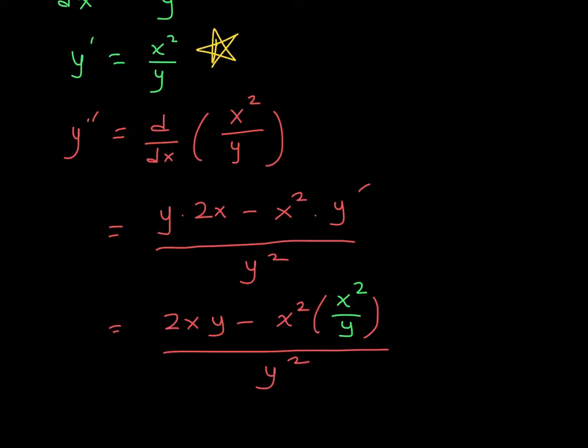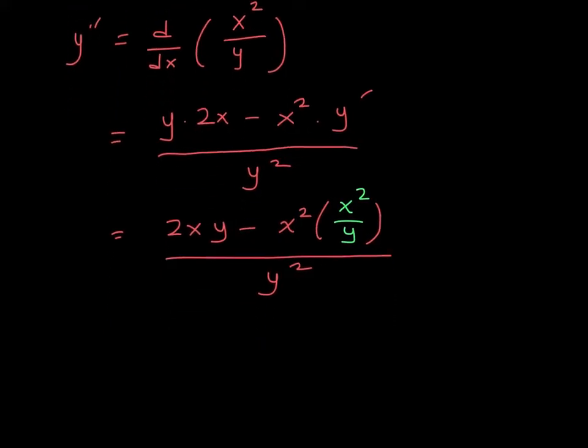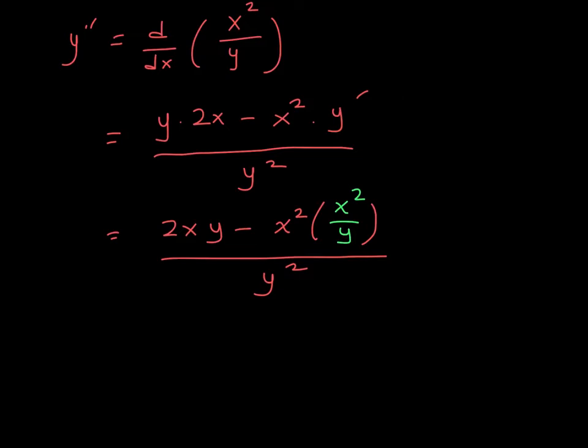Okay, so then simplifying further, we get that y double prime is equal to 2xy minus x to the fourth over y, and then all of that over y squared.